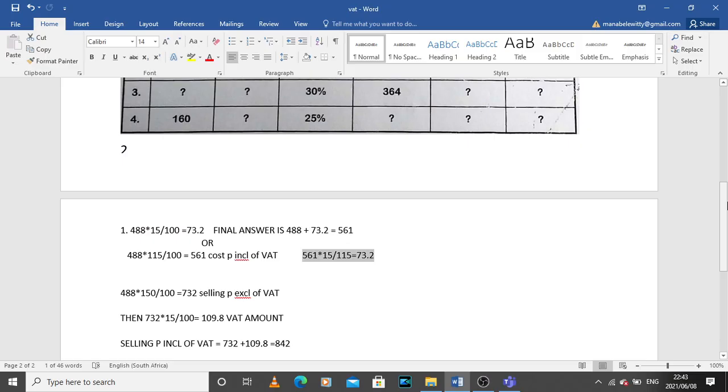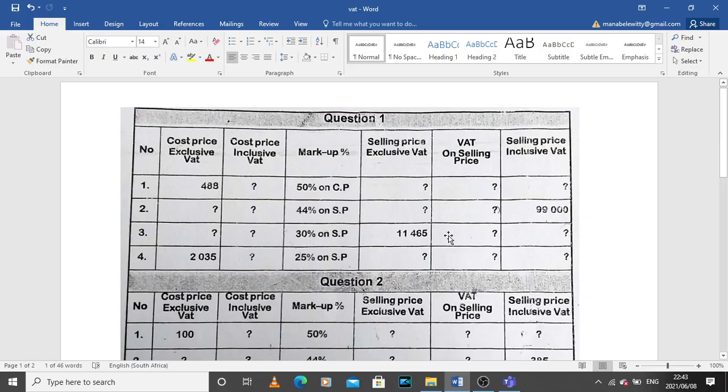Going further again, here you're given selling price exclusive of VAT. You calculate 15%, you put it here, you add the two, you put it here. You can use this one to determine here, or you can use this one to determine here using this formula of markup, 30% on selling price. Same going down. So in this case, just try to complete this question 1 on your own and play with figures.